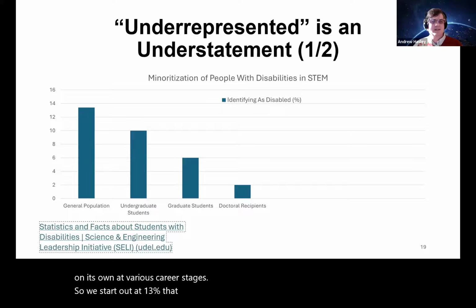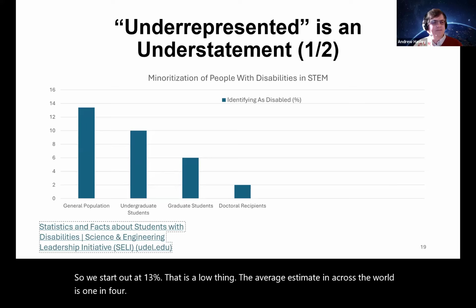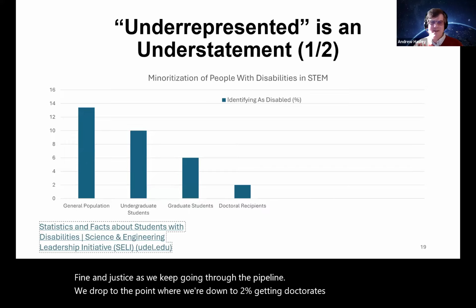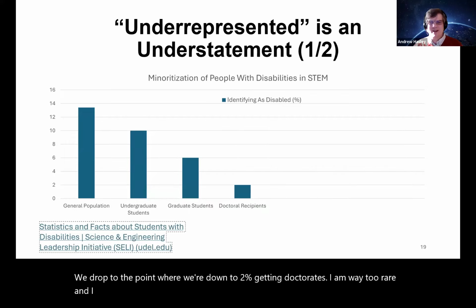The average estimate across the world is 1 in 4. Fine. And just as we keep going through the pipeline, we drop to the point where we're down to 2% getting doctorates. I am way too rare, and I am not that smart or that especially hardworking or anything else.